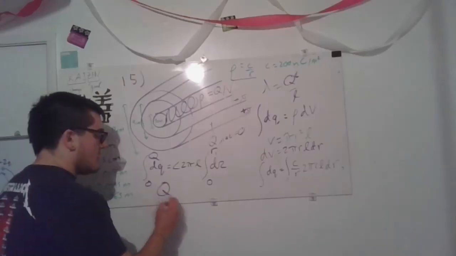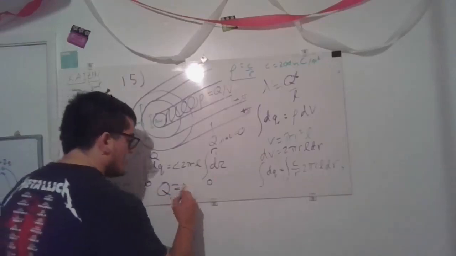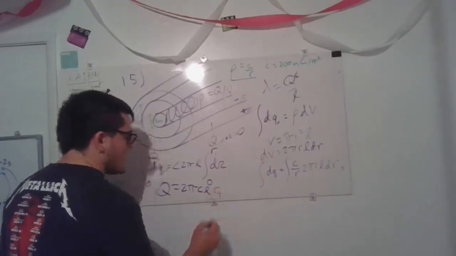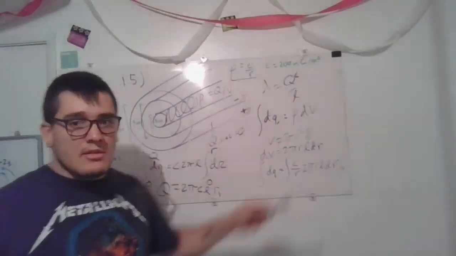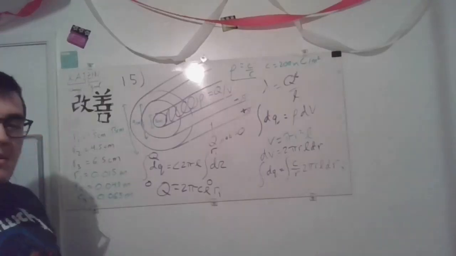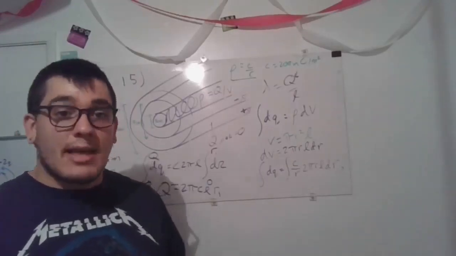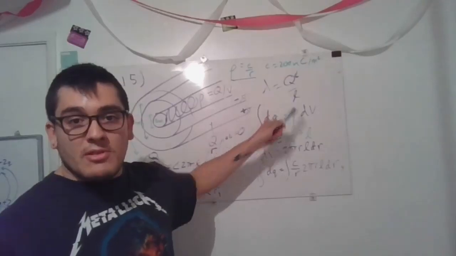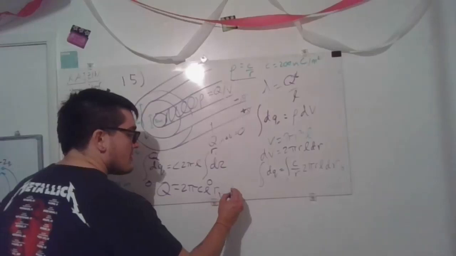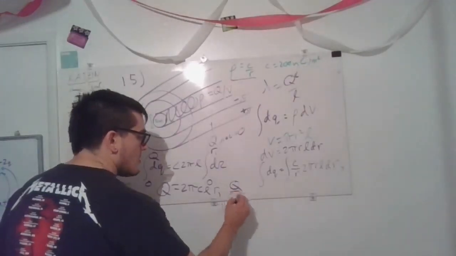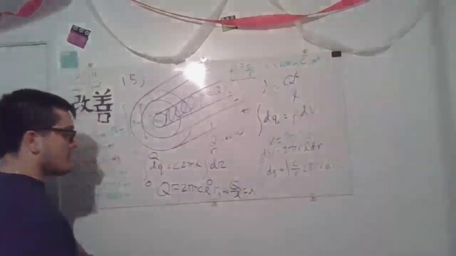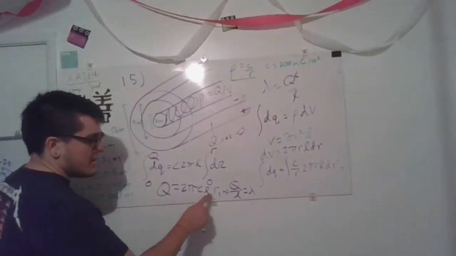So now you find that Q is 2 pi C times L times R1. You have C, you don't have L. That's the only thing. But what did they ask you for? Lambda, right? Charge per unit length. So watch this. Take this L, divide by it. Q over L is lambda, right? And then you're left with 2 pi C and R1.